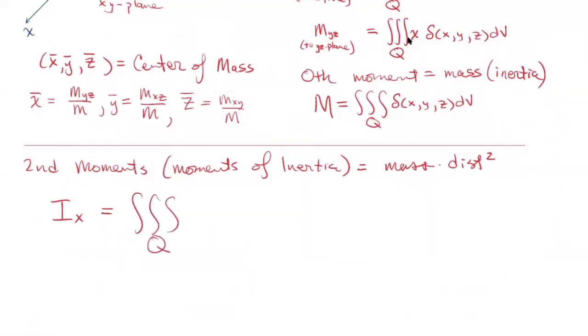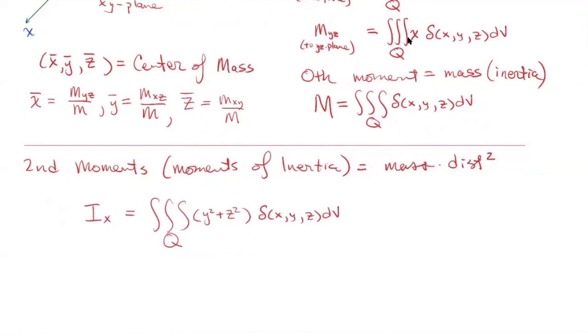You're just going to have y squared plus z squared, and then times mass density times volume. So that's distance squared times mass here. And that's the moment of inertia when you cause rotation about the x-axis.